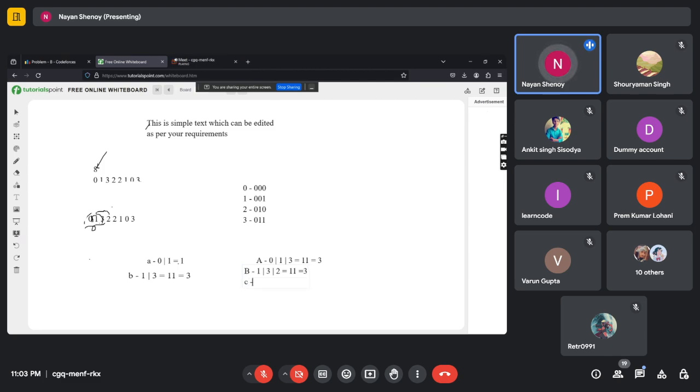Let's check for the next subarray. It will be 3, 2, 2, correct? So let's check for 3, 2, 2.